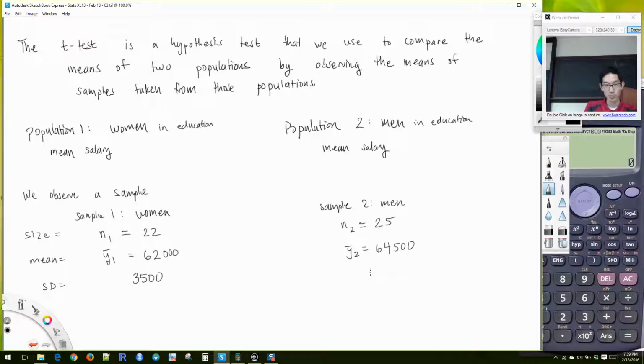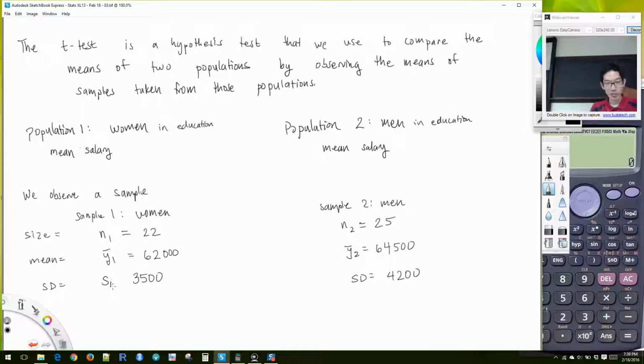It probably needs to be bigger than this. Okay, maybe this is primary education. I have no idea. All right, just making up numbers. Okay, so don't hold me to this.